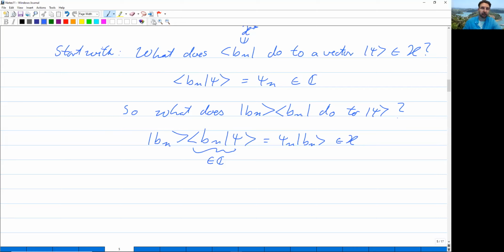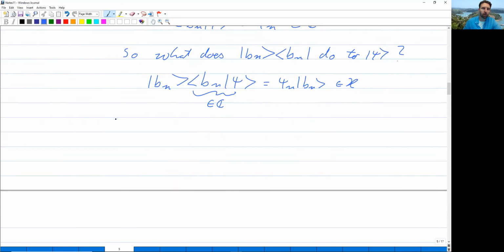Now, let us ask, what does this thing do? Sum over n, and then we take all of the Bn. By the way, I should clarify that when we just specify the n as the summation variable, it's always implied, if not otherwise stated, sum over all n, whatever that might mean. Because for some Hilbert bases, the n might run just over the positive integers, or just over the negative integers, or just over integers larger than 270 or whatever.